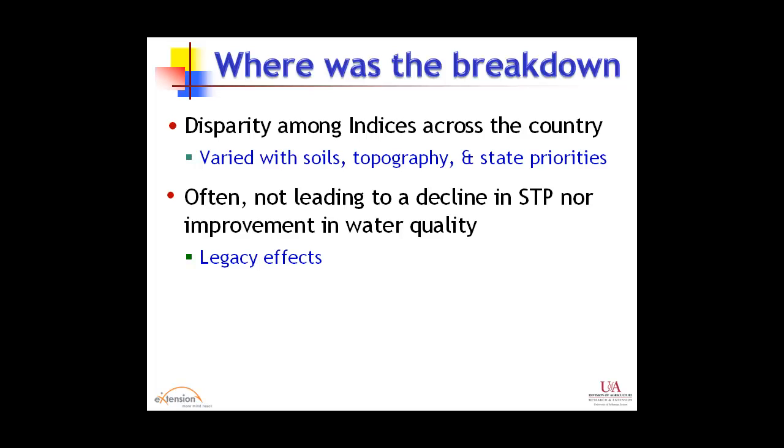It was a bit like the fox at the chicken house, so to speak. But the basic problem was, I think in the Chesapeake Bay, they weren't seeing declines in soil test P, nor in some cases were they seeing a decline in P application on soils that really shouldn't have been receiving phosphorus. The index wasn't sensitive enough to reduce that.